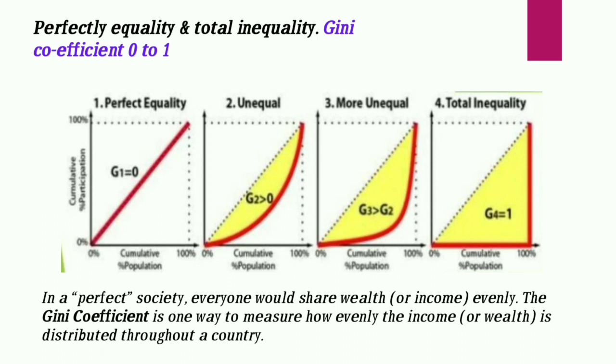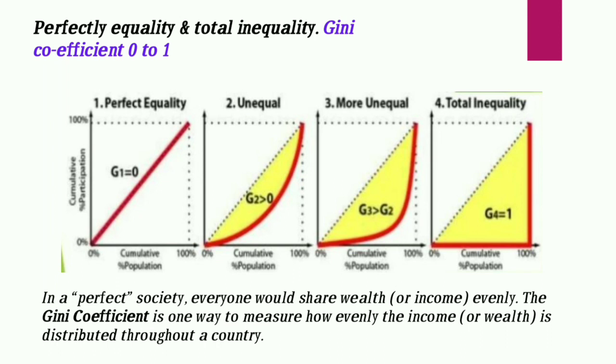Gini coefficient 0 to 1. In number 1, perfect equality, G1 is equal to 0. Number 2, unequal, G2 is greater than 0. Number 3, more unequal, G3 is greater than G2.